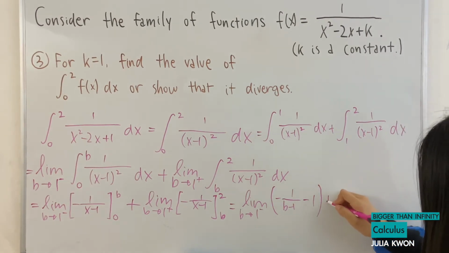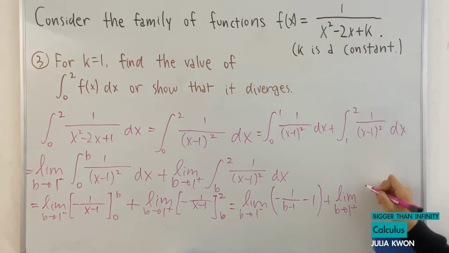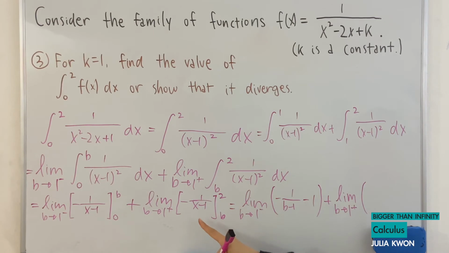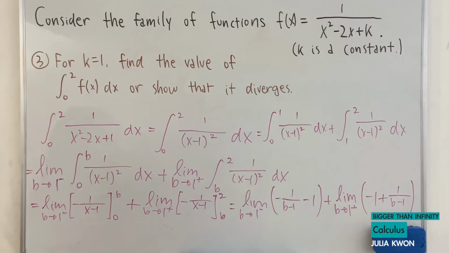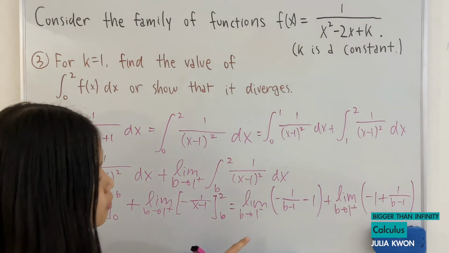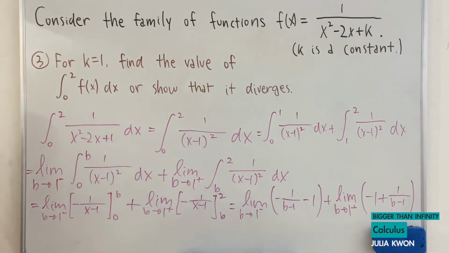Added to the limit as b approaches 1 from the positive side of, put in 2 for x, and we have negative 1. If we put in b, we have negative negative, so plus 1 divided by b minus 1. So then we're going to put in the value that b approaches.